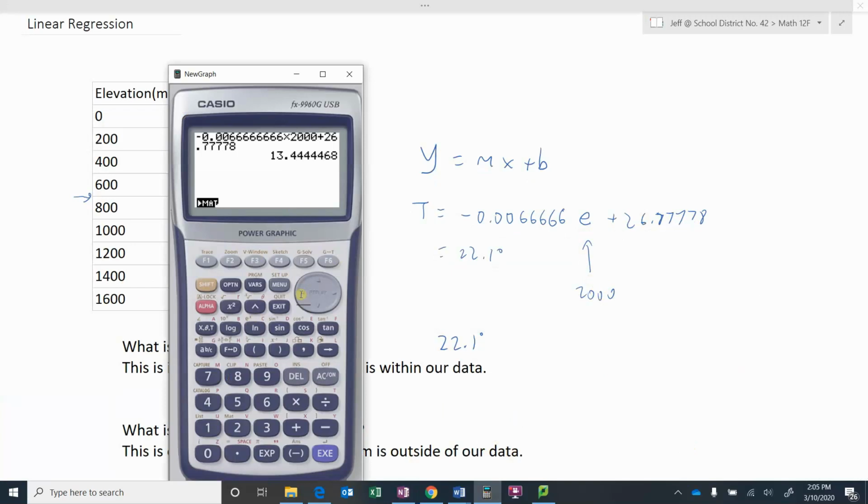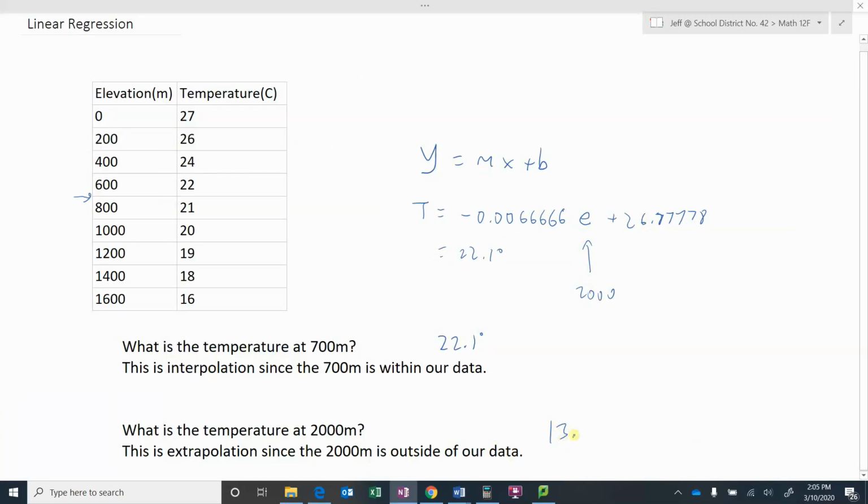And so we got 13.4 degrees Celsius using our model, our linear regression. So that's how you can use Desmos to do a linear regression on some data and come up with an equation that you can use to do either interpolation or extrapolation.